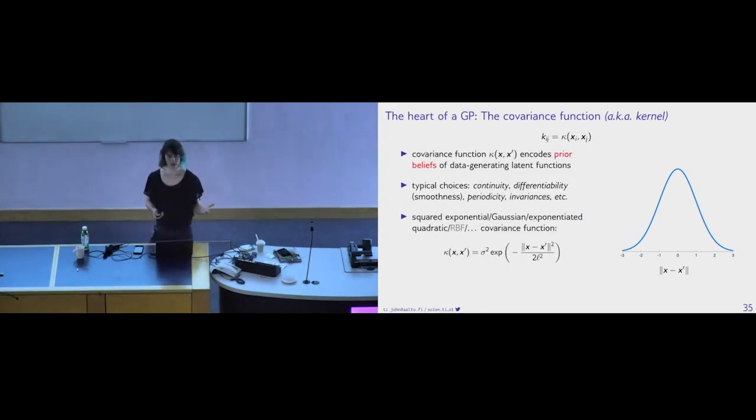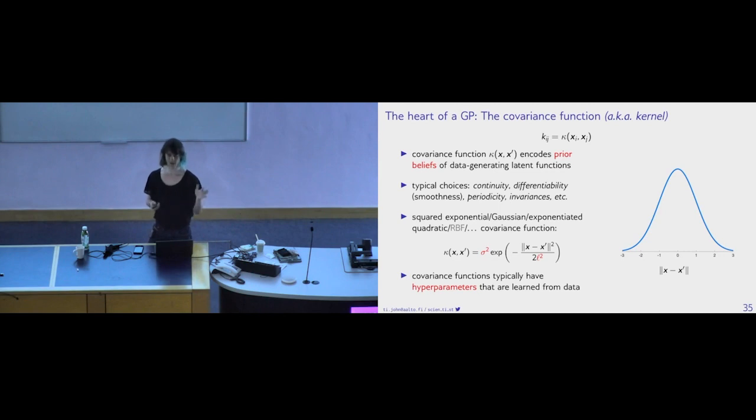Like most covariance functions, this one has two parameters. In this case, this prefactor sigma squared, and this factor in the denominator of the argument, L squared. And these are hyperparameters, so they affect the properties of the functions.